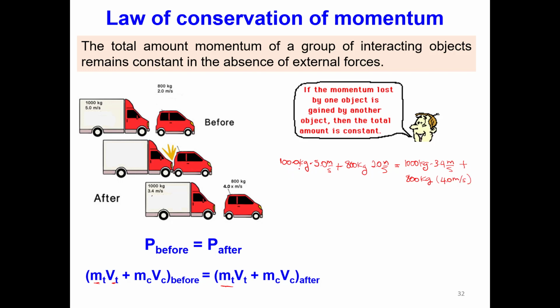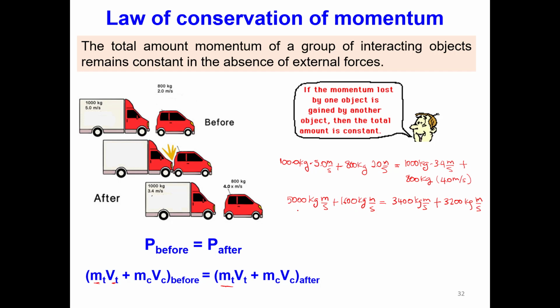If we multiply these numbers together, we have 5,000 kilogram meters per second plus 1,600 kilogram meters per second. On this side, we have 3,400 kilogram meters per second plus 3,200 kilogram meters per second.